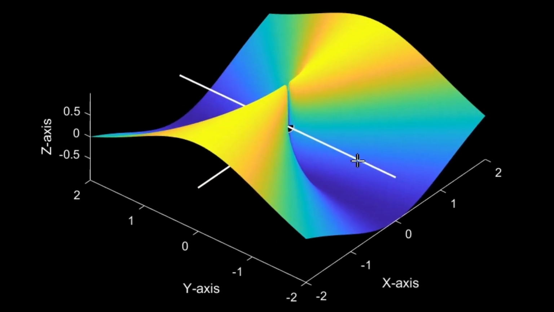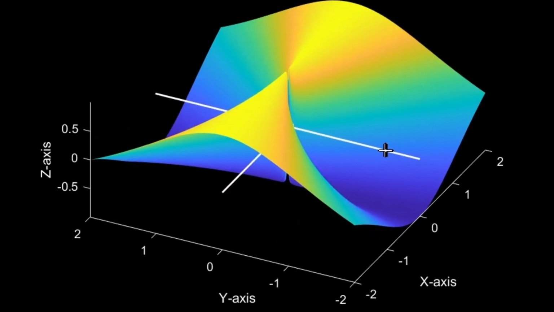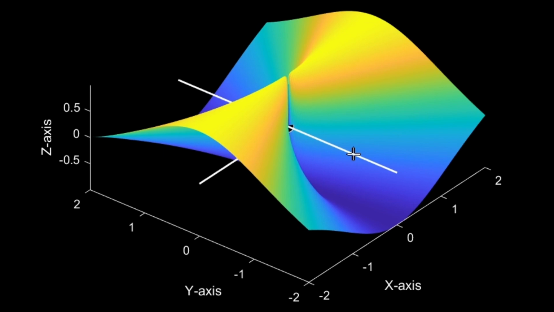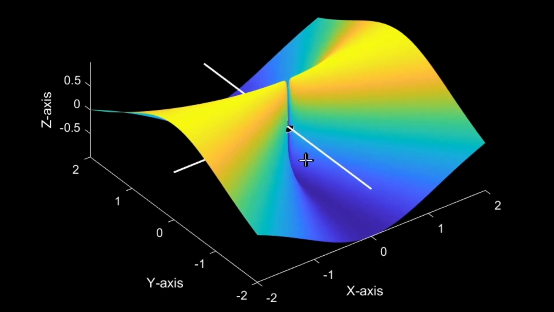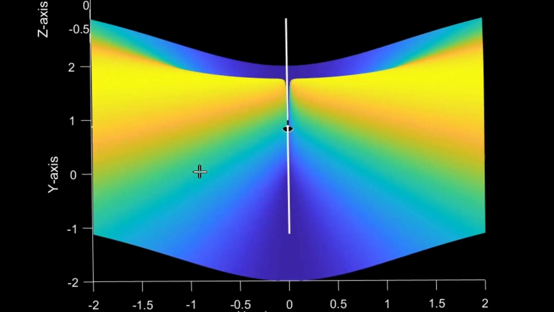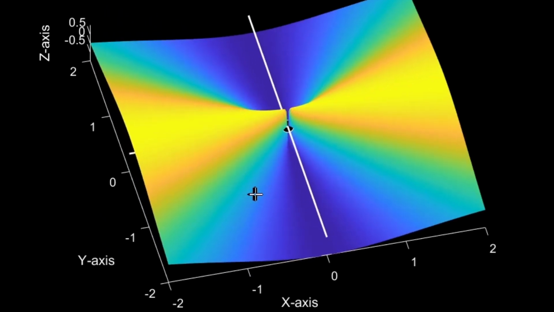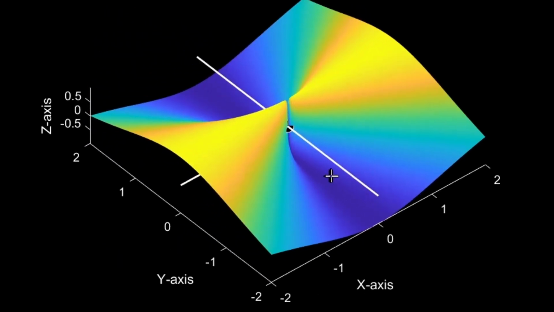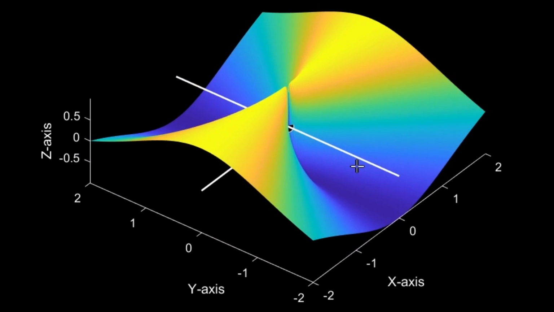This indicates that the limit does not exist at the origin. This function behaves smoothly away from the origin but has a gap or a hole at the origin. In this case, we can say that the function is continuous everywhere except at the origin.